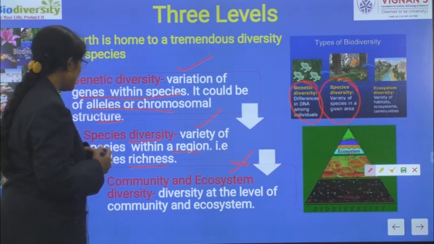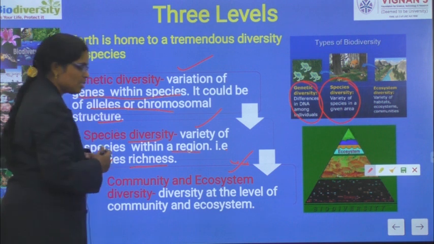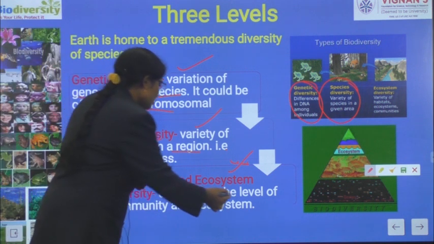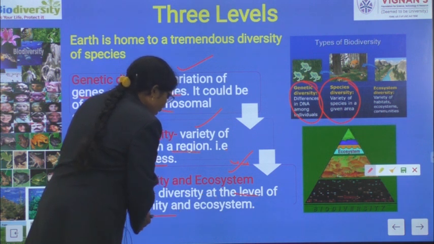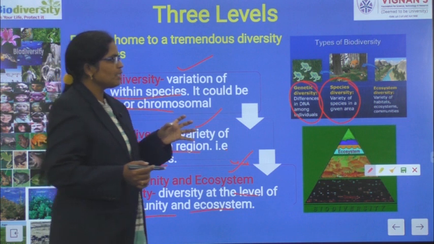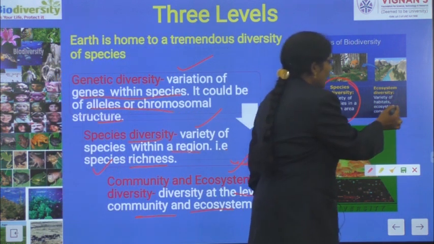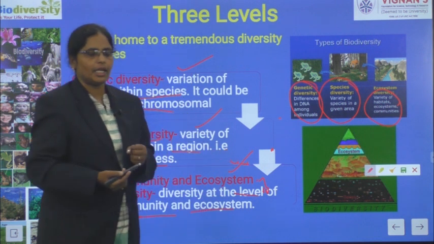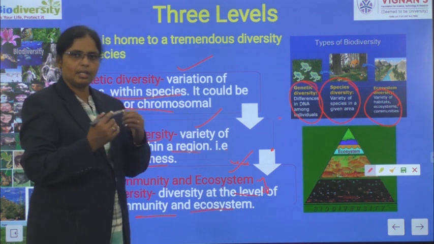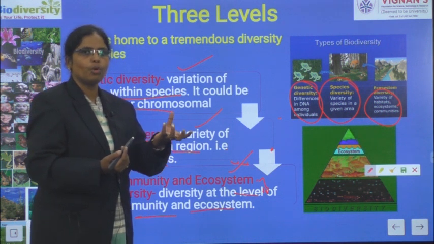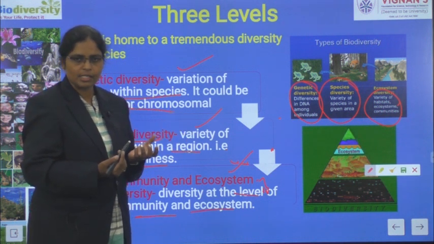And the third one is ecosystem diversity, or community diversity. That means diversity at the level of the community and ecosystem. If you see the ecosystem, there is a variety of habitats. What is a habitat? A habitat is the region or area that provides the conditions for a particular living organism to grow.